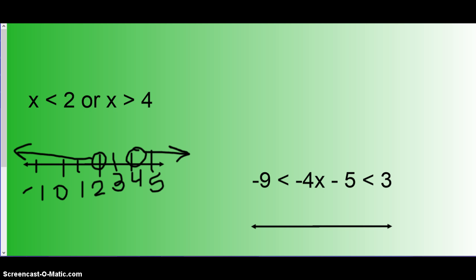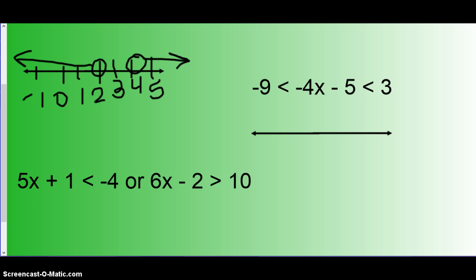We've got this negative 4x minus 5. We want to add 5 because this is a negative 5. So we are going to add 5 to all sides of this inequality, because we've got two inequality signs.